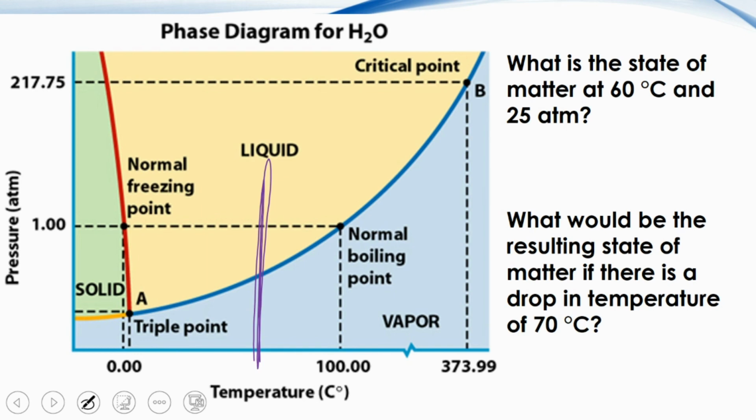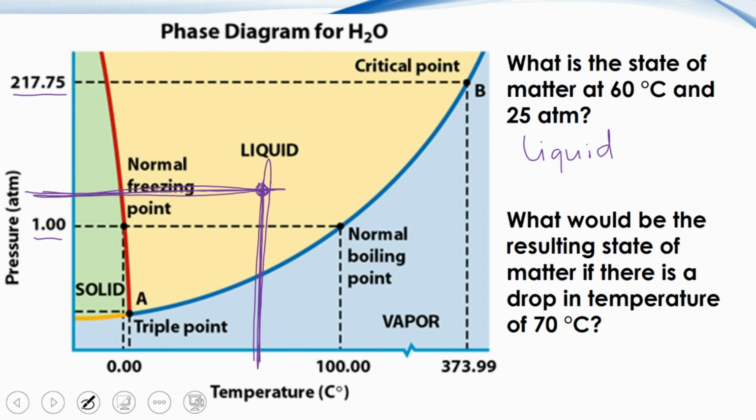And I am told that I'm comparing that with 25 atmospheres. So if we have 1 atmosphere here and 217 atmospheres there, I'm going to assume that 25 is going to happen somewhere around here. So what is the state of matter? That point of intersection is going to fall under the section for liquid.